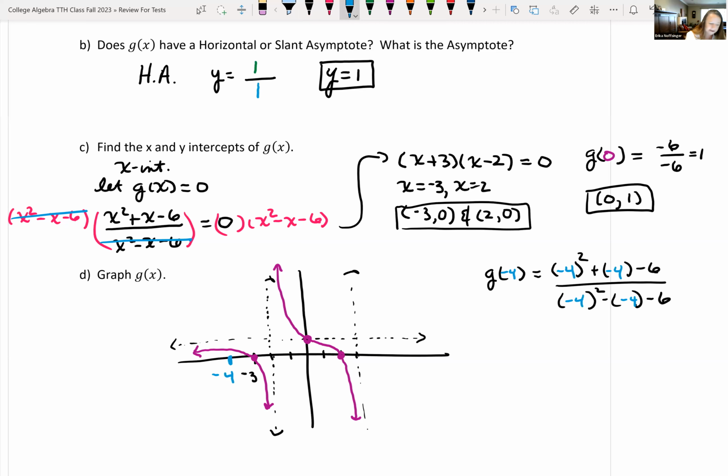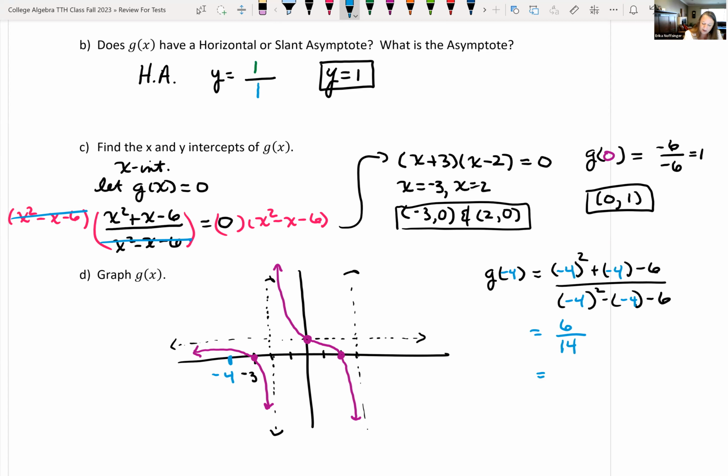And then let's quickly simplify. So -4 quantity squared is 16. 16 minus this 4, that's 12, and 12 minus 6, that is 6 in the numerator. Denominator, I have -4 quantity squared, that's 16. This is really plus 4, so that's 20. And 20 minus 6, that is 14.